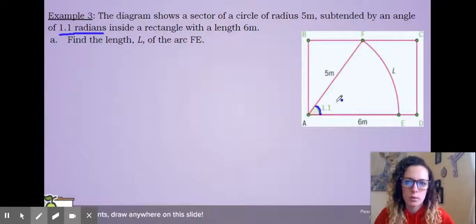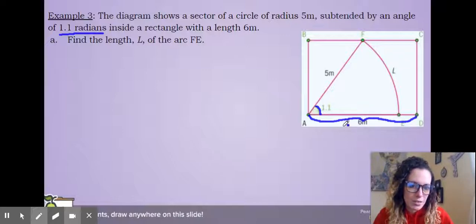That's an easy way to tell as well. And this sector is inside a rectangle with length 6 meters. So not to be misunderstood, this distance from A to D is 6, versus the radius from A to F or A to E, which is 5.